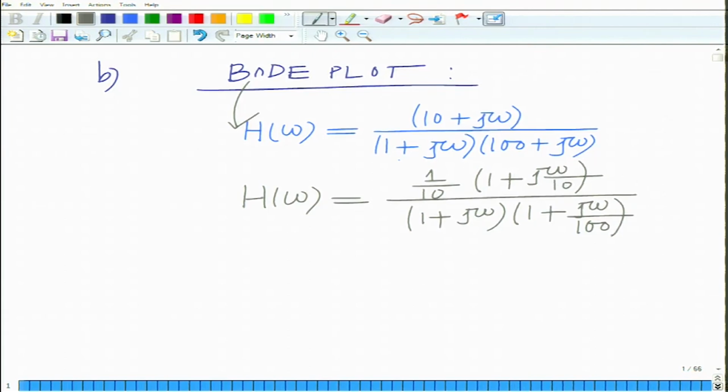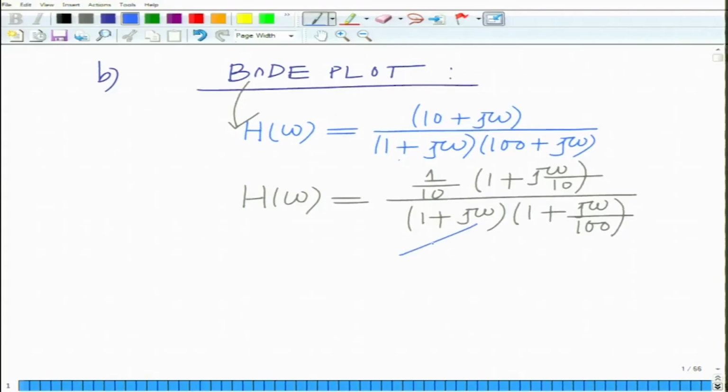Now, you can see there are 3 corner frequencies, 1, 10 and 100, corresponding to each of the terms in the numerator and denominator.